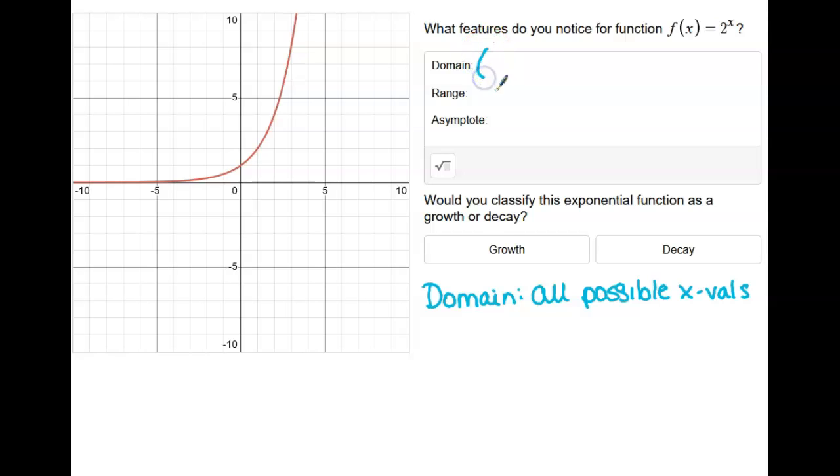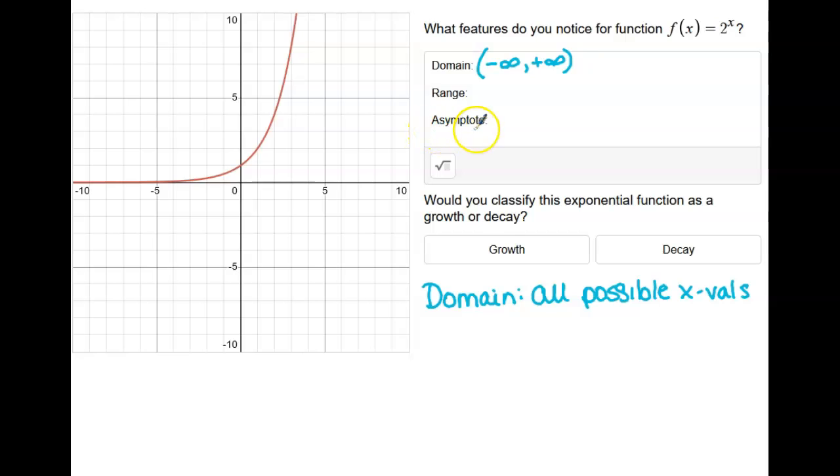Well, your domain for every exponential function is always going to be negative infinity to positive infinity. We're writing it like an ordered pair, but this is called interval notation. And all it means is that it's going to go from negative infinity all the way to positive infinity. But since infinity isn't a number, we can't include it, and we use these rounded parentheses instead of square brackets.